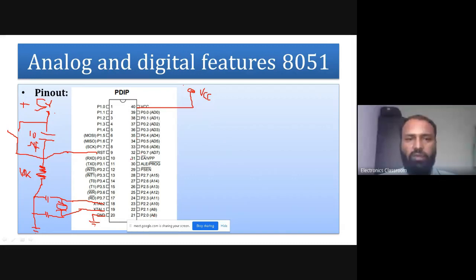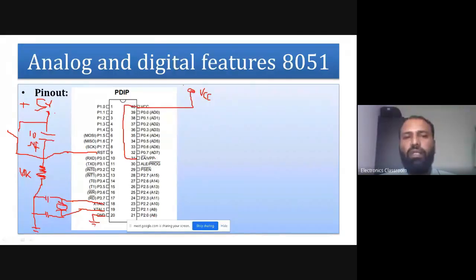Then I also need to connect this EA, external access pin, to VCC. Why? Because whenever I connect the EA pin to VCC, I am telling the microcontroller that in this particular case I am not connecting external memory to our microcontroller.